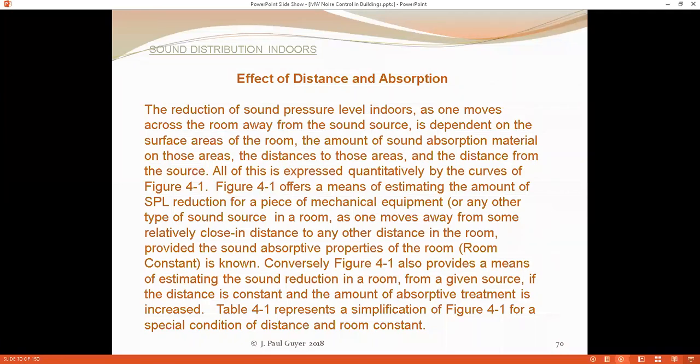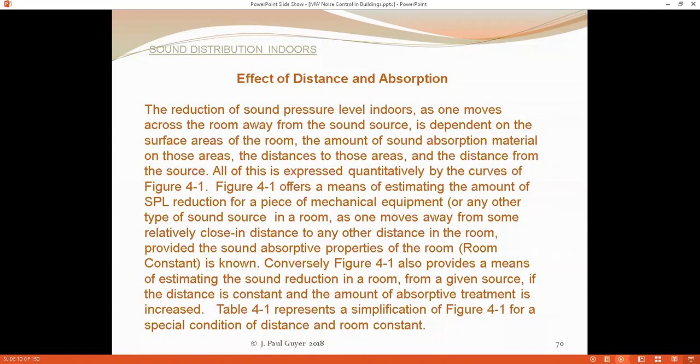But again, you don't bother in building design calculating that sound absorption on either the source room side or the receiving room side. It's small typically, and you just take it as a safety factor, if you will.